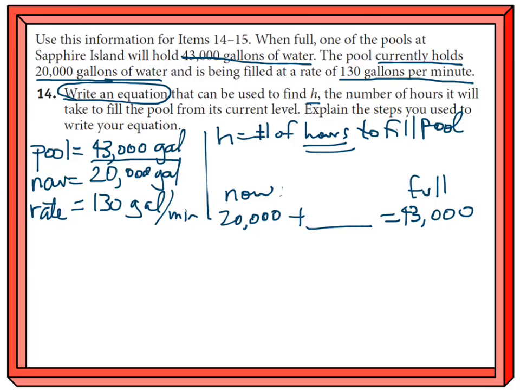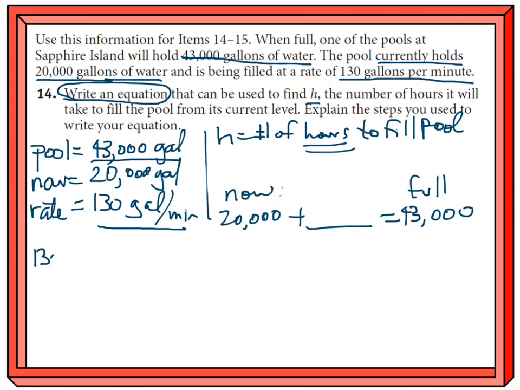Do you notice something here? Notice that h, our variable, the one that we're trying to solve for, is in hours, but our rate is in minutes. So we're going to have to convert this. So we're just going to do what the chemistry classes here at Guyer call dimensional analysis, where you just make train tracks.